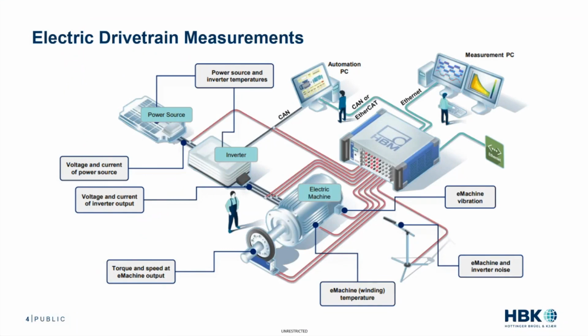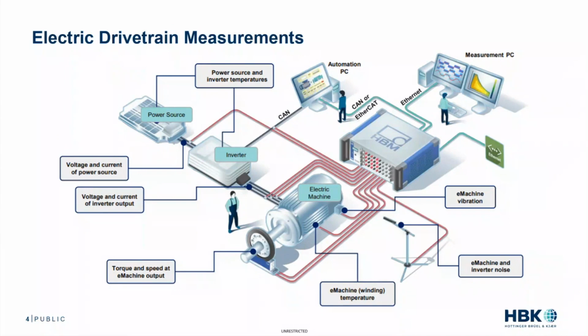So here's somewhat of a typical electric drivetrain measurement setup, if you will, where you have a power analyzer. Ideally, it should be a dynamic motor power analyzer. And there are many different types of signals that are analyzed, ideally recorded so you can go back and do some analysis.